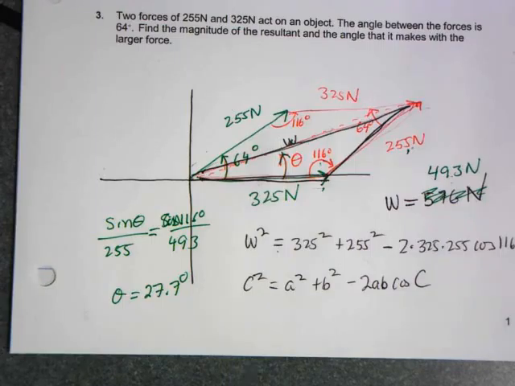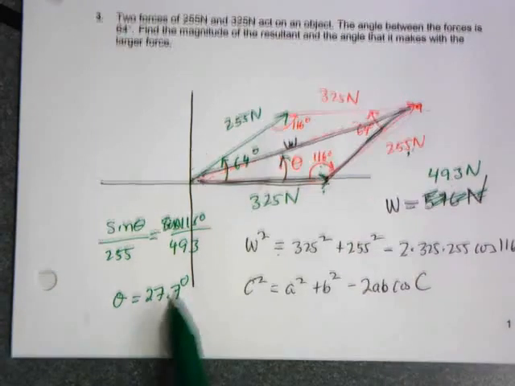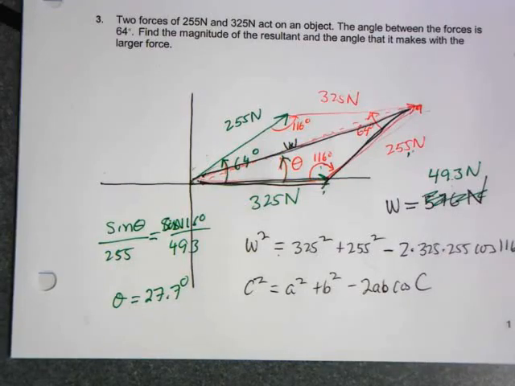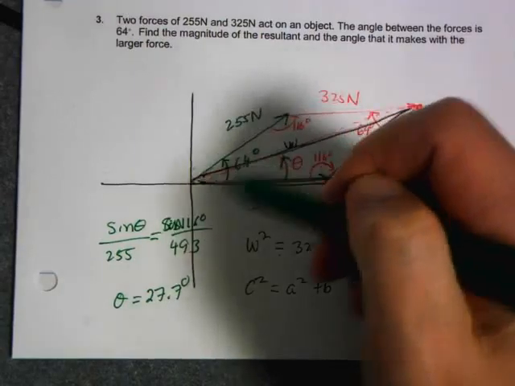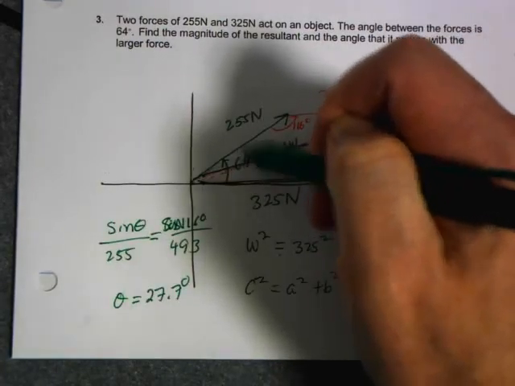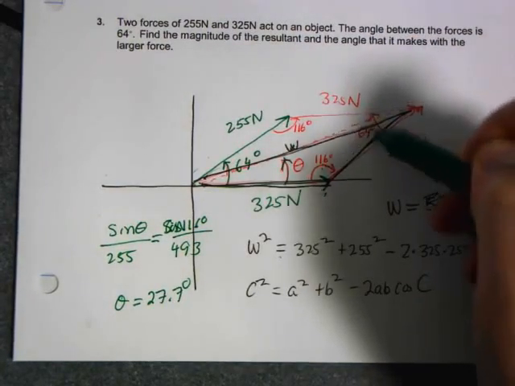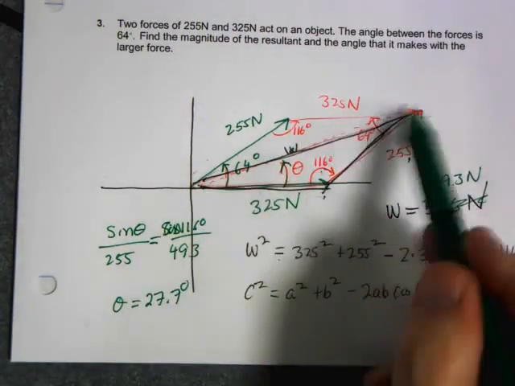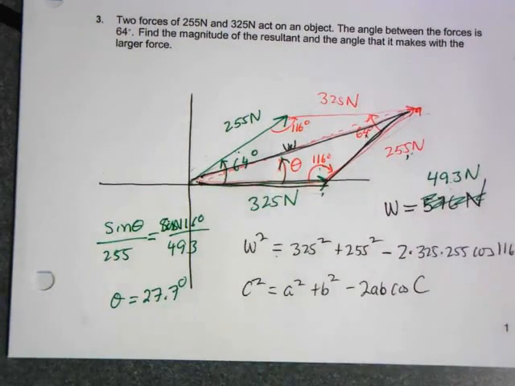It would be 180 minus 116 minus 27.7. Then you just do 64 minus 27.7. That would give me this angle, which is exactly the same as that angle because you've got alternating interior angles from your vast knowledge of geometry. It didn't ask us to find it, but we could easily.